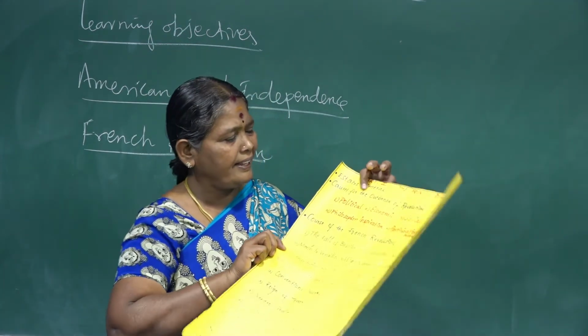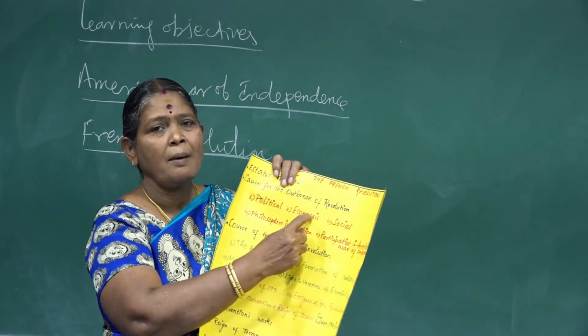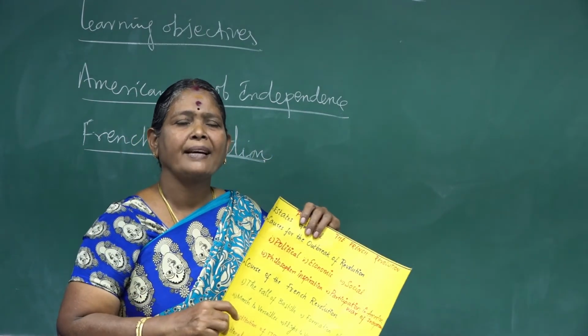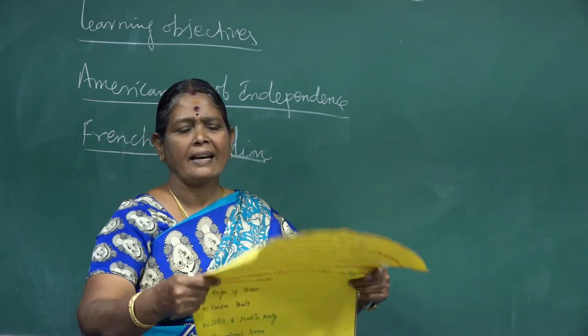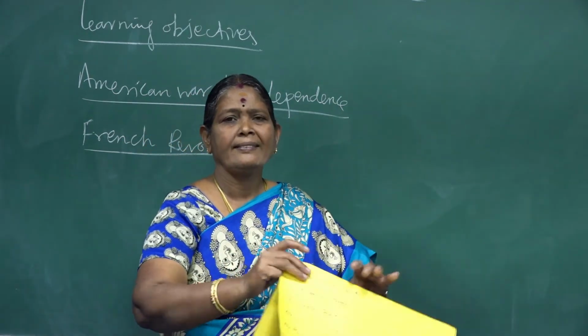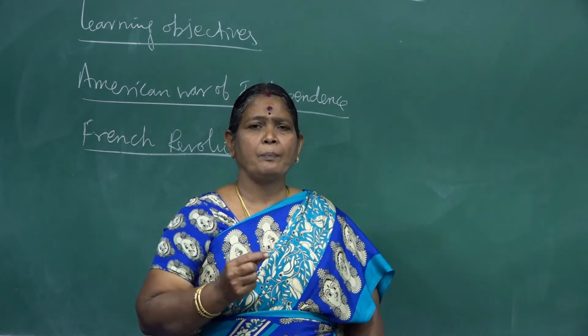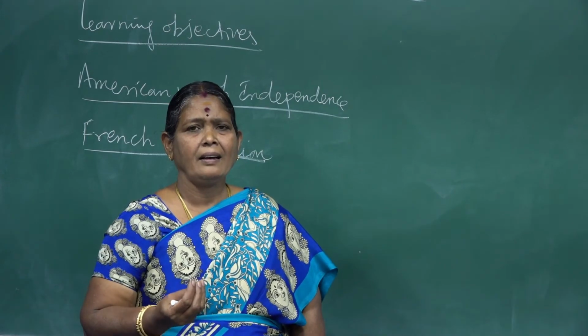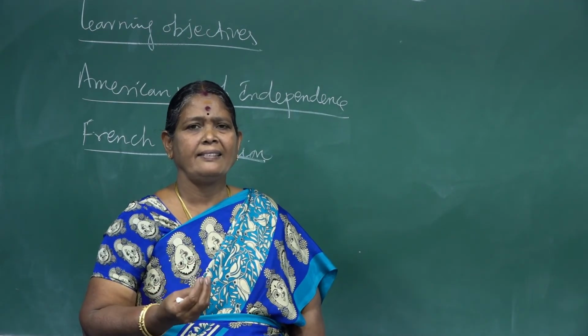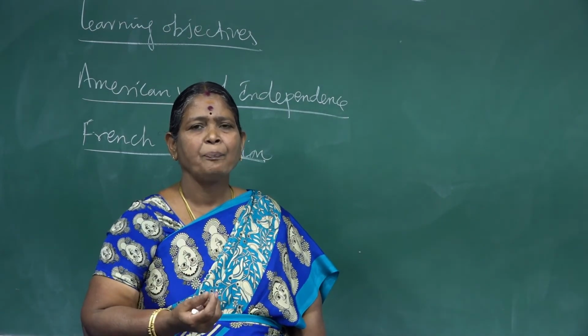Another cause, the second one, economic. Economically too the French people suffered much. How did they suffer? They faced more poverty. Some reasons I say for how their economic crisis caused this suffering.